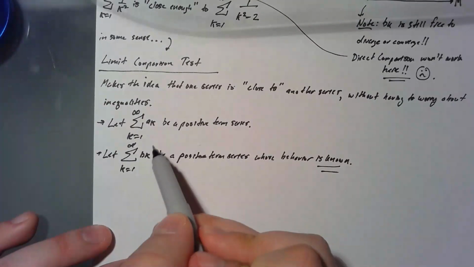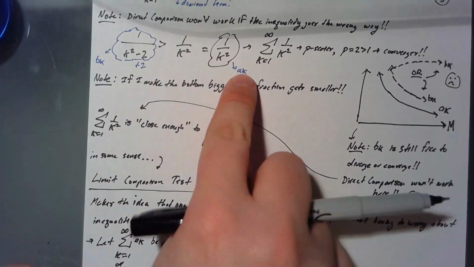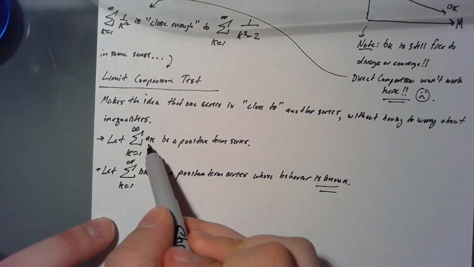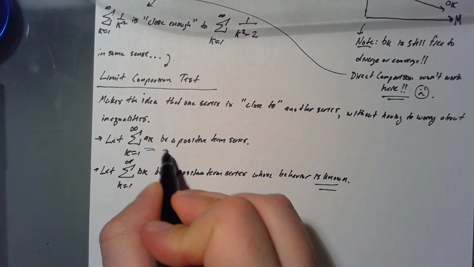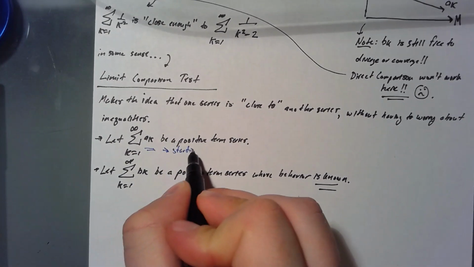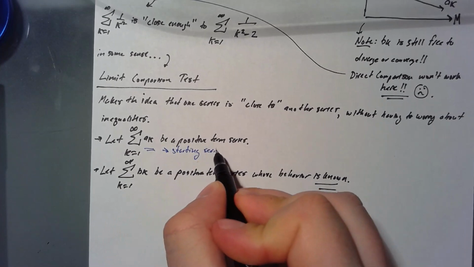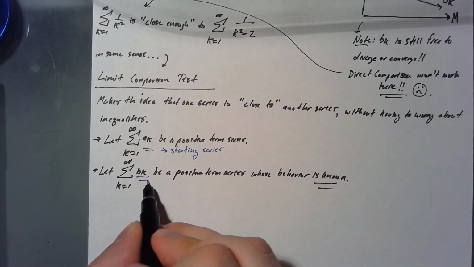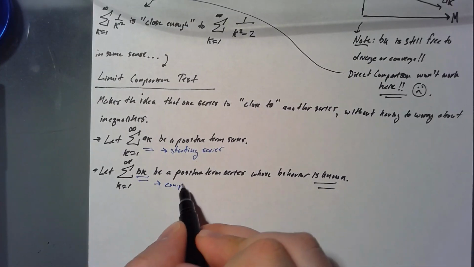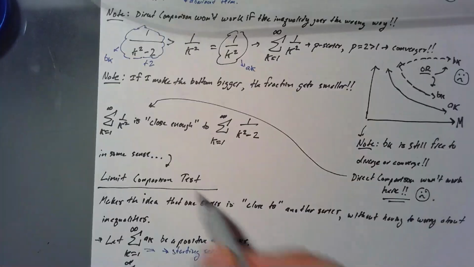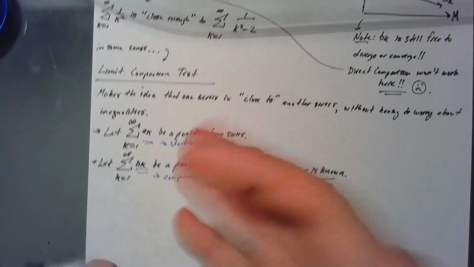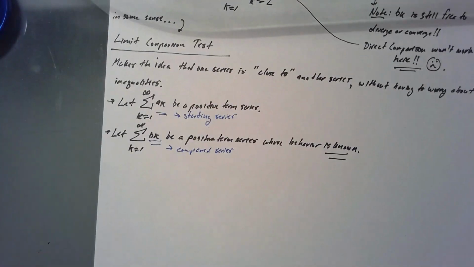So if you have this, which is set up similar to what I have here, this is the series I started with, and this right here is the compared series, like 1 over k squared, or usually a p-series or harmonic series or whatever.